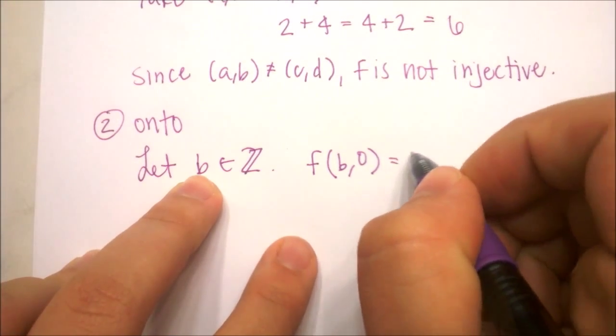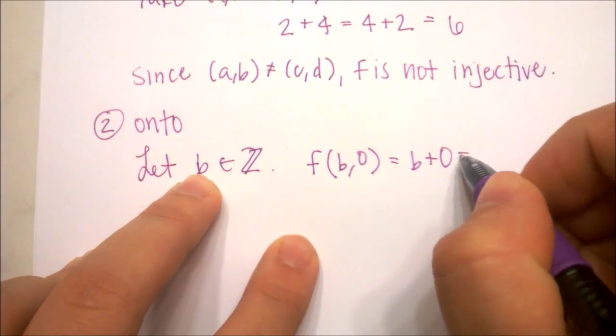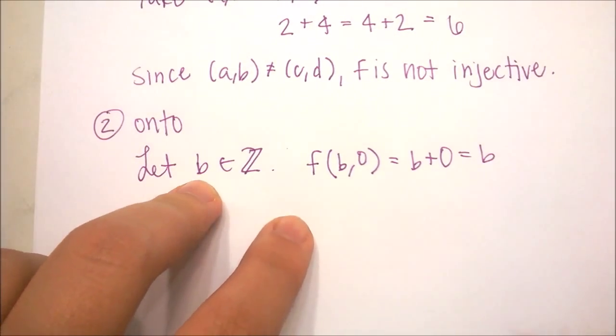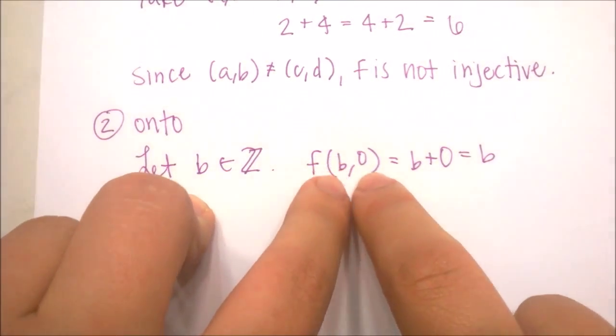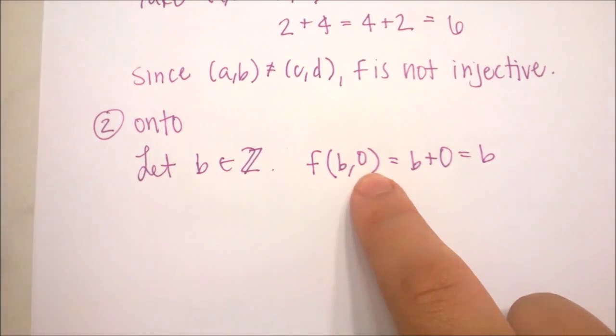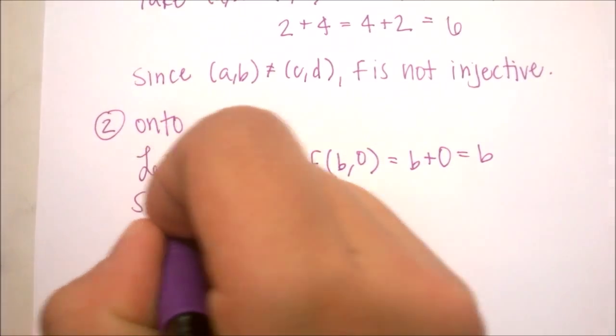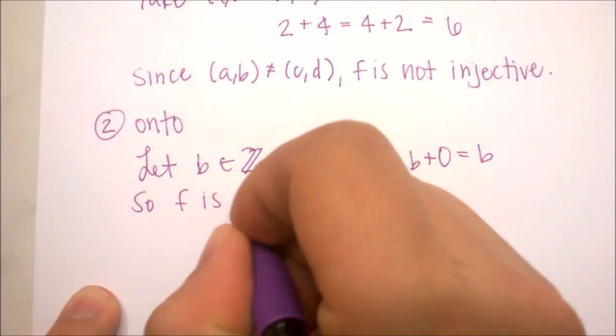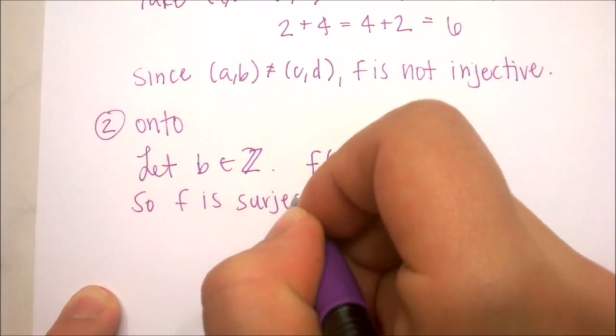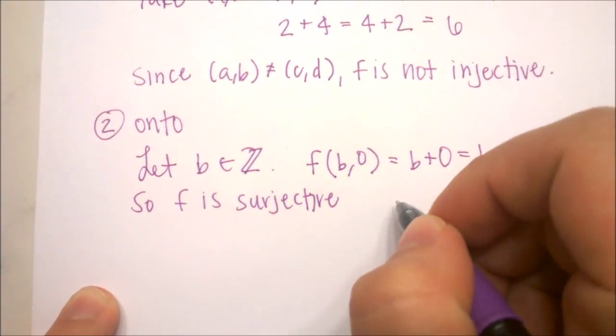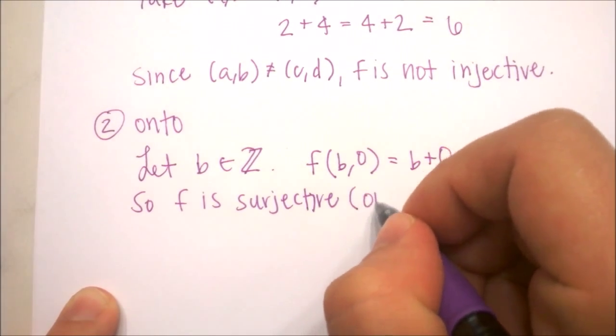So this is going to equal b plus 0, which equals b. So we picked an arbitrary element in our codomain and showed that this ordered pair in our domain mapped to it. So we can conclude that f is surjective, or onto.